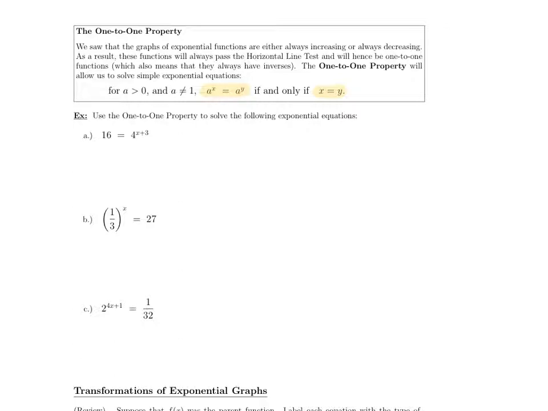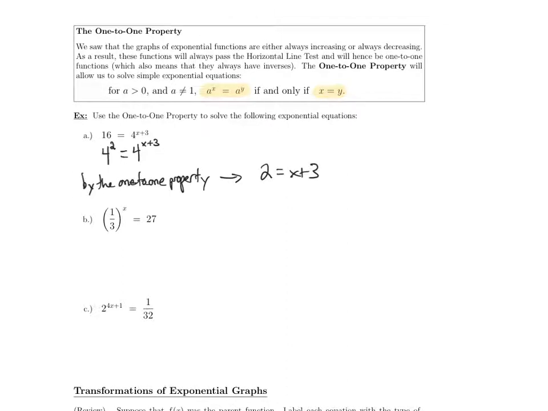For example A, the base that would be easiest to work with would be if I can get them to both have base 4. That's easy enough. I can write 16 as 4 to the second power, and then I just keep this as base 4. And by the one-to-one property, I can conclude that 2 is equal to x plus 3.